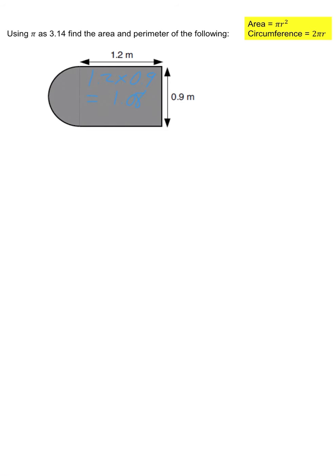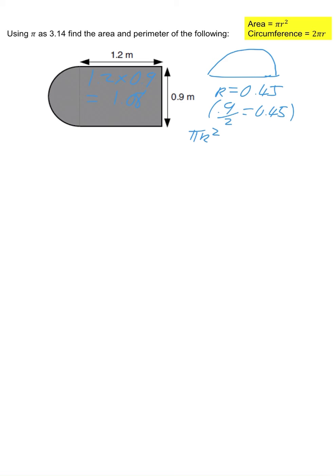Then we have a half circle then at the left. So I'm just going to draw it out again here. Now the radius of that half circle will be 0.45 because that's half of 0.9. So 0.9 over 2 is 0.45. And we have our formula, which is pi times radius squared.